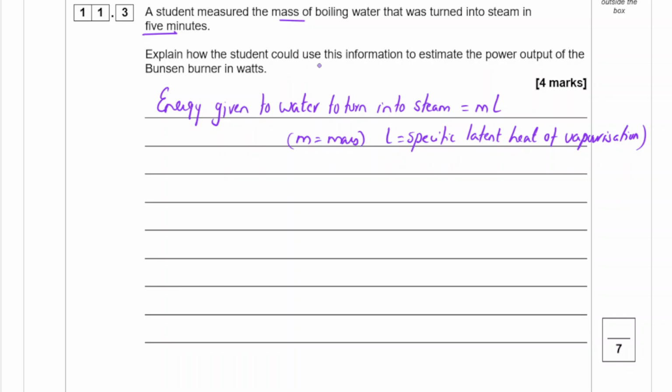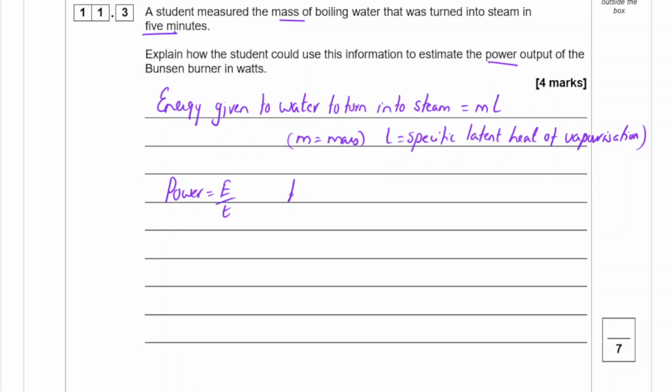Explain how the student could use this information to estimate the power. So power, remember, is energy divided by the time. So this energy coming from the specific latent heat equation divided by the time should give me the power output of the Bunsen burner.